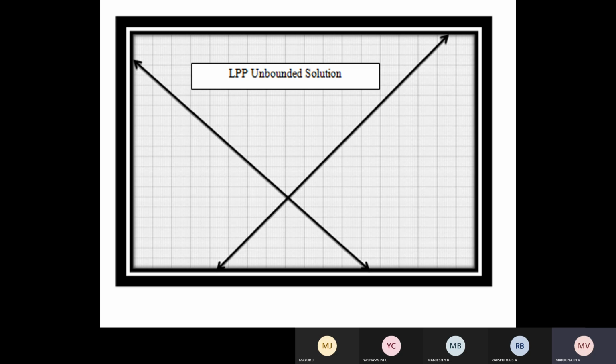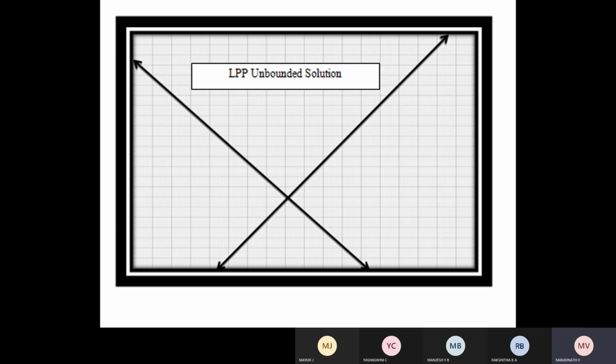And it is also not feasible, which means infeasible. Understood?